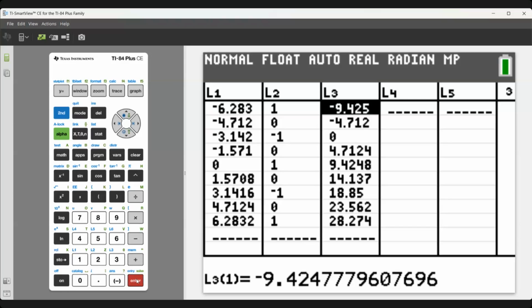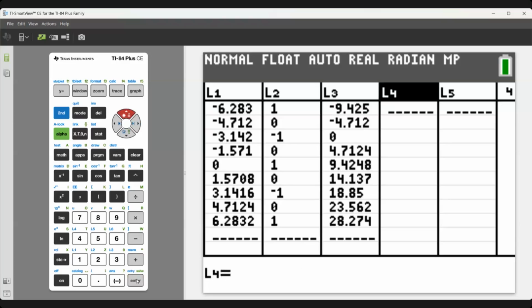And now we're going to do a similar thing with the y coordinates. So we'll go to L4 and press enter. With the y coordinates, we had 3 transformations that affected those. One of them was a vertical stretch by a factor of 6. We also had a reflection over the x-axis, which was a negative. So we can combine those.